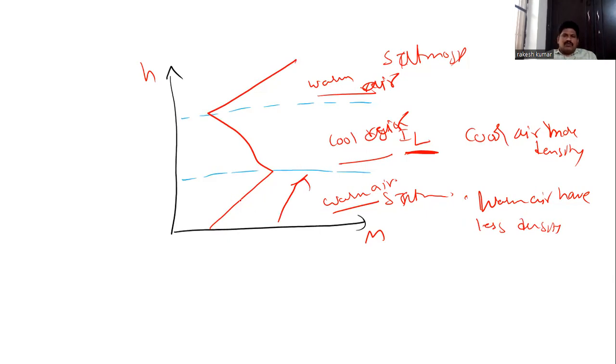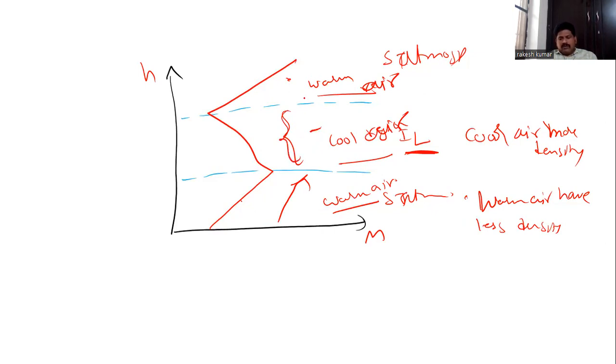So this is warm air, and in between you are having cool air. Due to this, the cool air is trapped between the earth surface and the warm air.